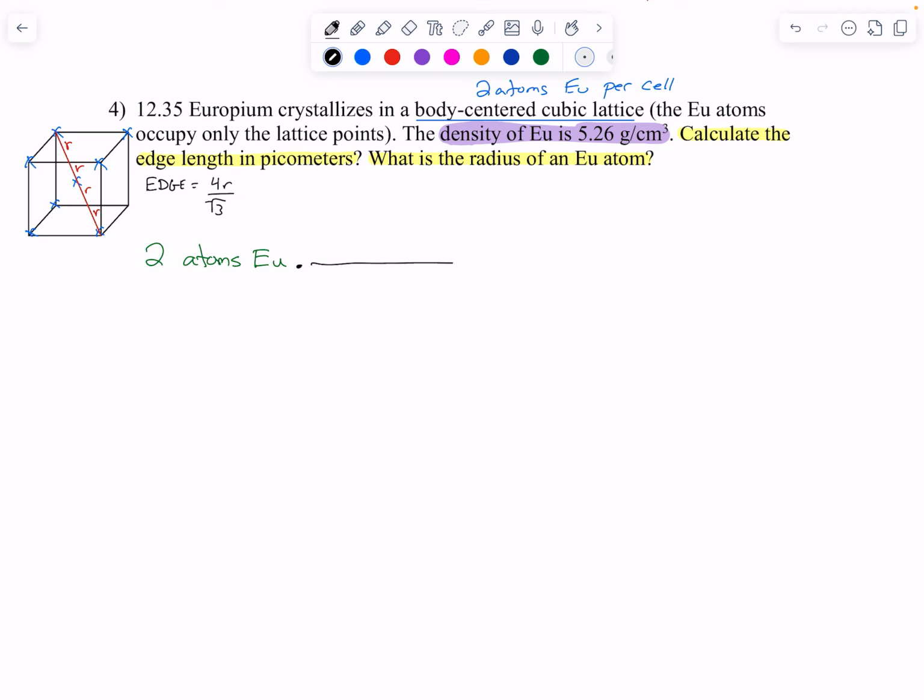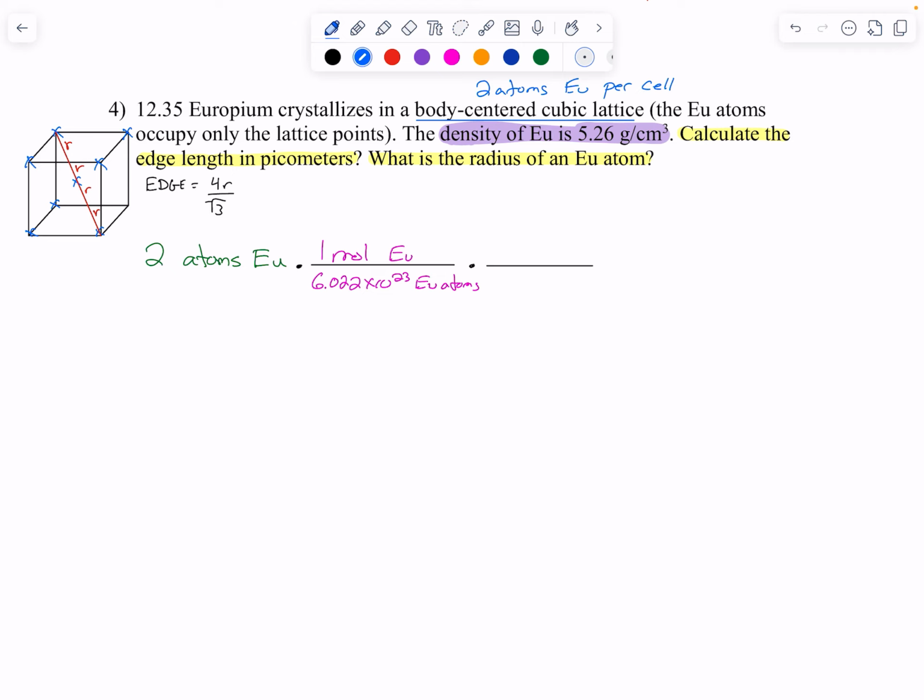And we know that there are 6.022 times 10 to the 23rd EU atoms in 1 mole. Then we know the molar mass, right?